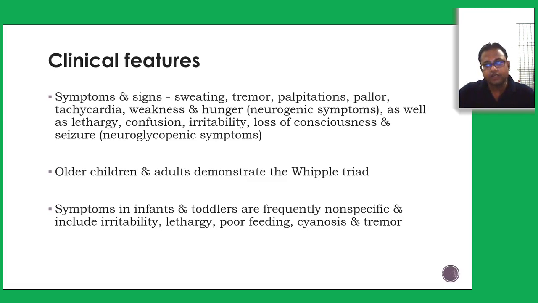As you know, the brain gets sugar or glucose through facilitated diffusion, whereas in other muscles and organs insulin is involved, but in the brain there's no involvement of insulin. So when the glucose level is very low, there will be less glucose delivered to the brain.